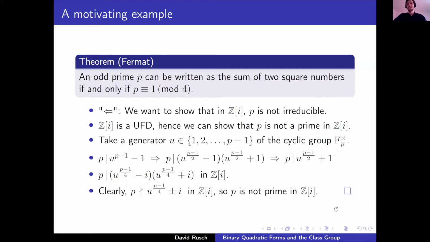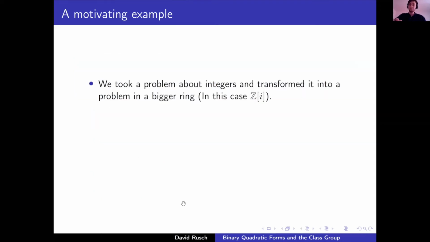Okay, so there was quite a lot going on here, but let's maybe learn something from this example. So what we did is we took a problem about the integers and we transformed it into a problem in the Gaussian integers, which is a bigger ring. Why the Gaussian integers?